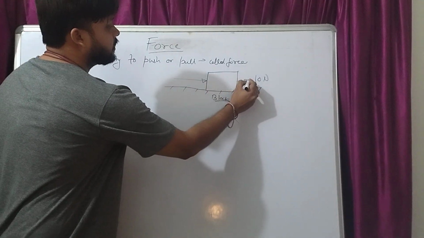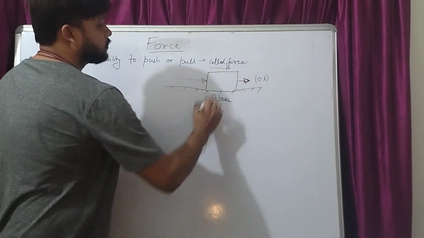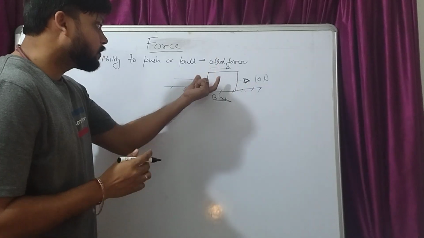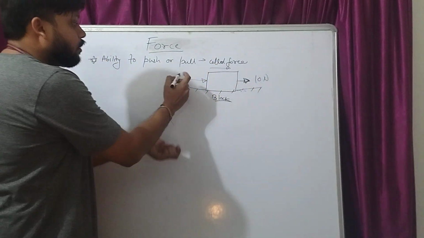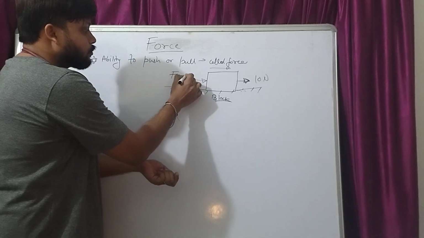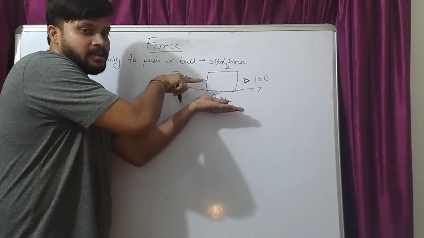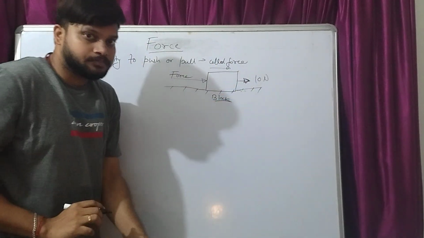This block will move in the direction of force, right? Why is it moving? Because we have applied force here, and since force is applied, the block is moving forward.